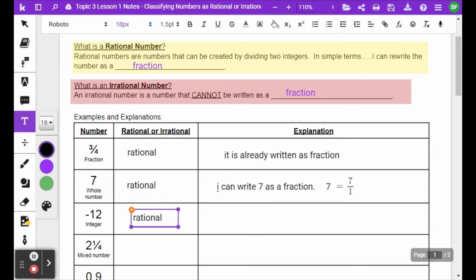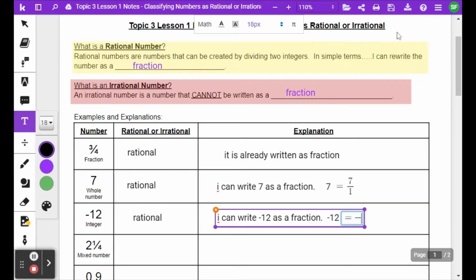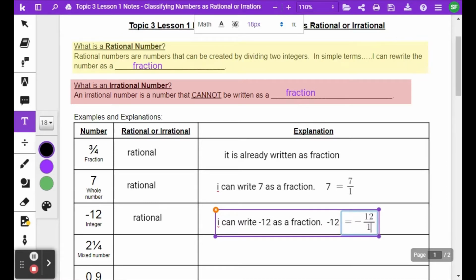And similar to the reason up above, I can rewrite -12 as a fraction. -12 as a fraction is going to be equal to -12/1. This means -12 divided by 1, and if you divide that, you're going to get -12. And since I can write it as a fraction, it is going to be considered rational.